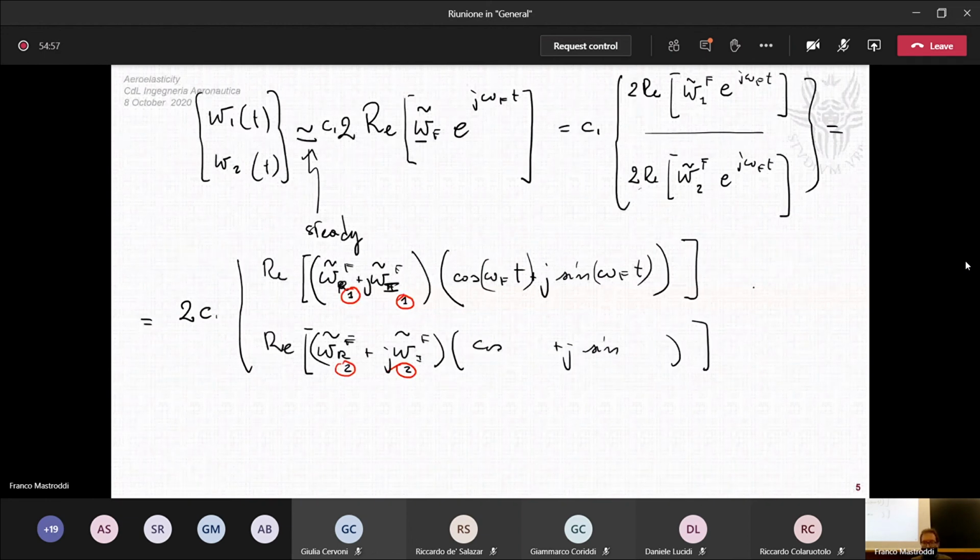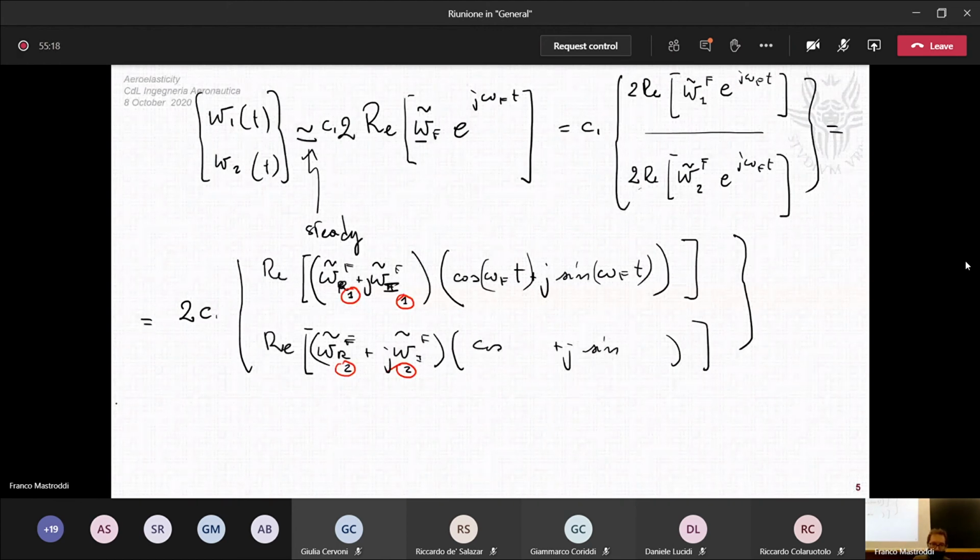Okay, now we have to take the real part of this product. The only way to obtain a real part is multiplying this real part by this real part and this imaginary part by this imaginary part, considering the fact that j times j is equal to -1.